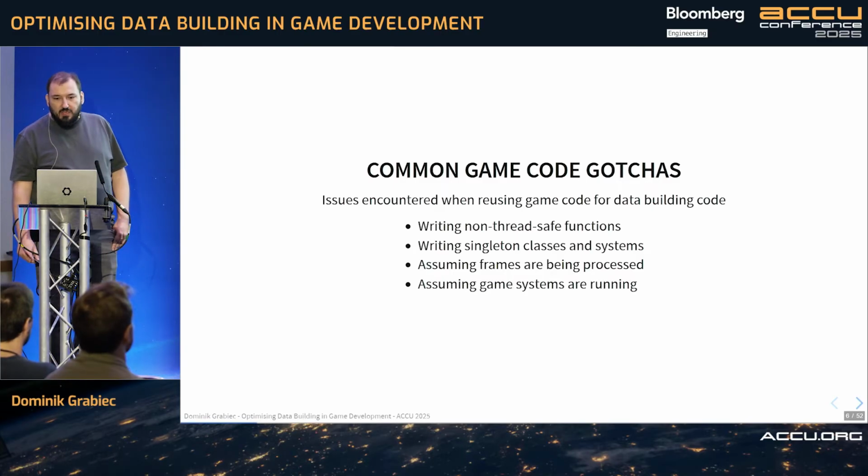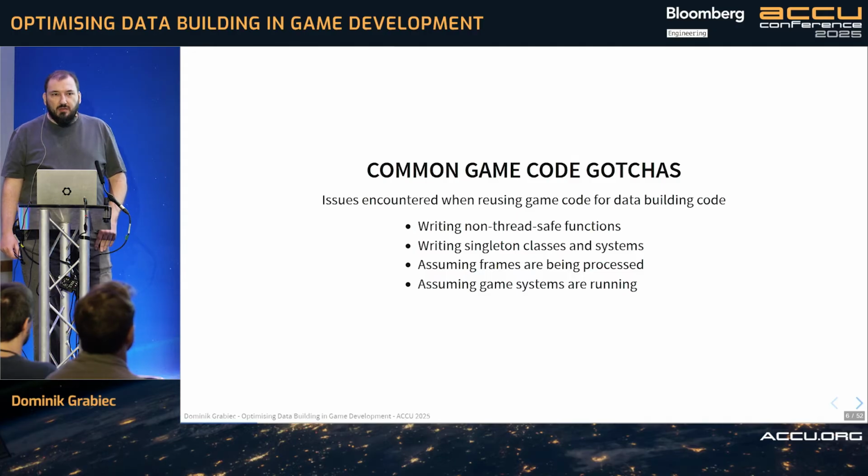The next thing is related to that, which is assuming that game systems are initialized and running. This assumes that the rendering system is initialized and rendering to the screen, where you don't necessarily want to have a rendering window up and DirectX initialized, because some of this processing may be happening on a server with no GPU at all.